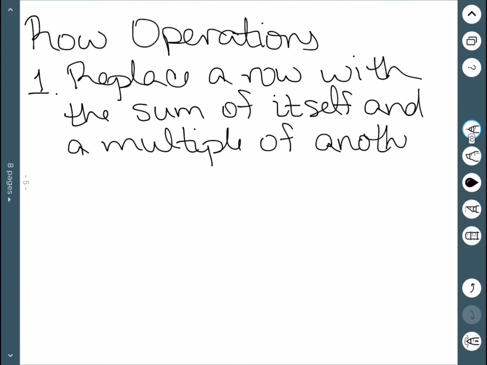We did this a lot. We started by multiplying the first equation by -2 and adding it, and that was this operation.